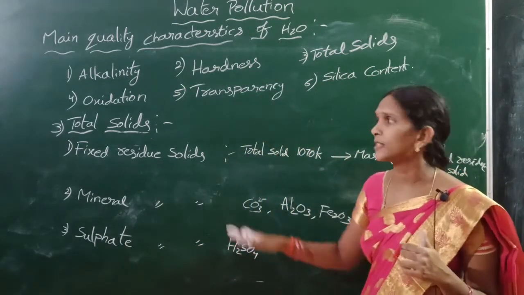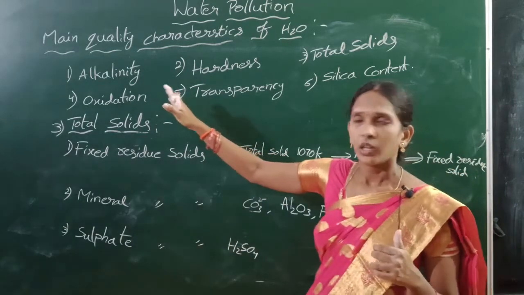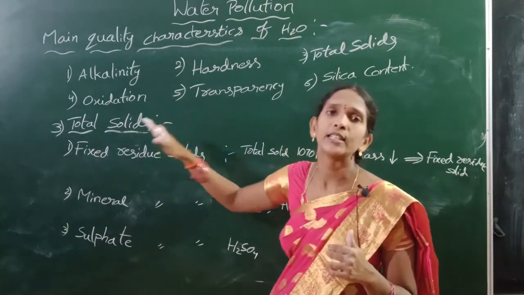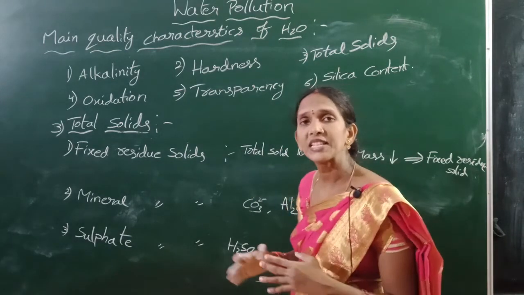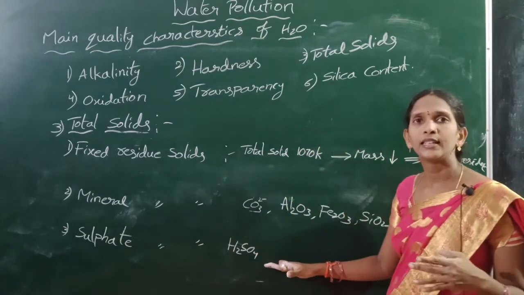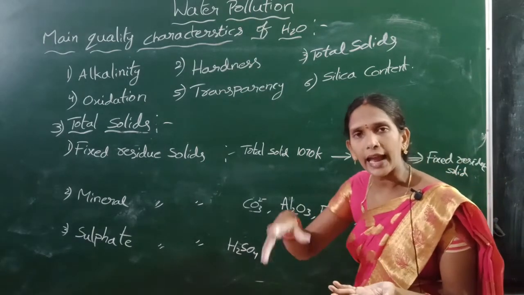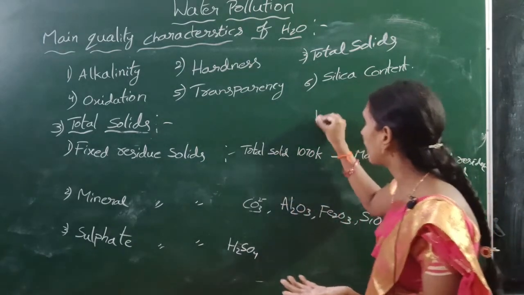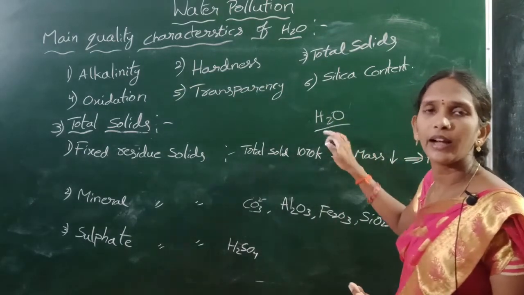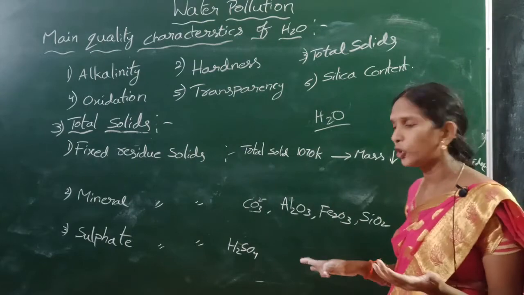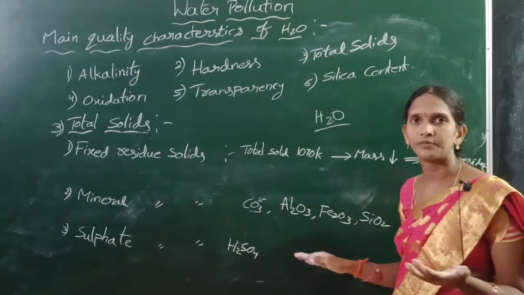The next one is sulfate residue solids. Sulfate residue solids means if the amount of total solids present in the natural water is treated with sulfuric acid, then all the cations present in the water can be converted into sulfates.